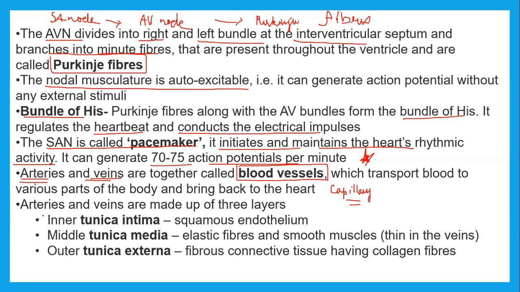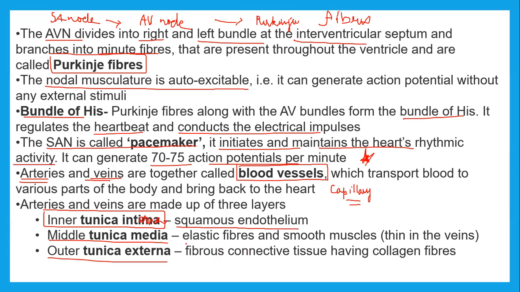So they are mainly made up of 3 layers: inner tunica interna, okay, intima, not interna, you can write. Middle tunica media and outer tunica externa. You will have mesothelium, endothelium, and all those things I'll tell you. The innermost layer, tunica intima, is made up of squamous endothelium.